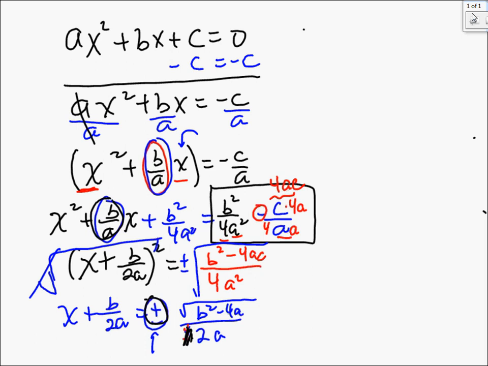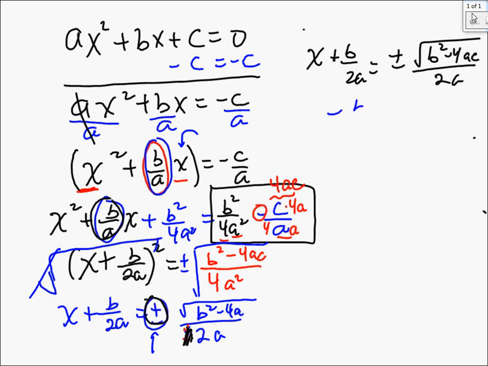So let me just write down what we have right now. X plus b over 2a is equal to plus or minus the square root of this all over 2a. So I'm going to take away b over 2a from both sides. And on the left side, I just end up with x.